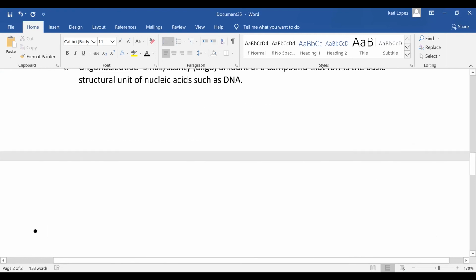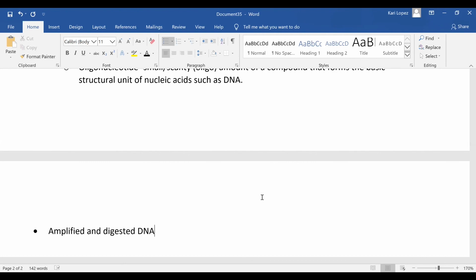Okay, so the oligonucleotide primers are attached to the colored beads on a slide, and then amplified and digested DNA binds to the primers.